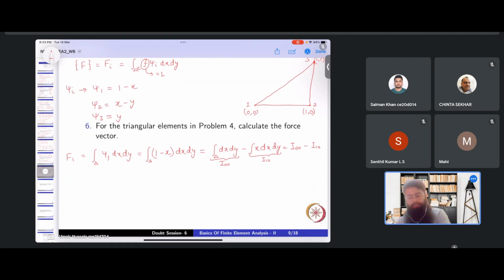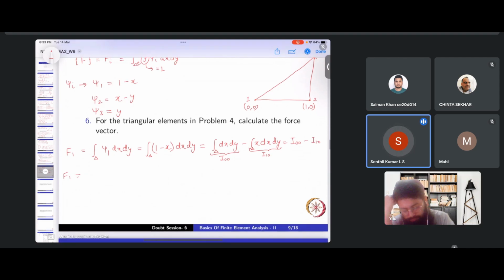So now we need the formulas. Anyone please help me? What was the formula for I00? Area of the triangle, that is 1 by 2. Yes, thank you so much.